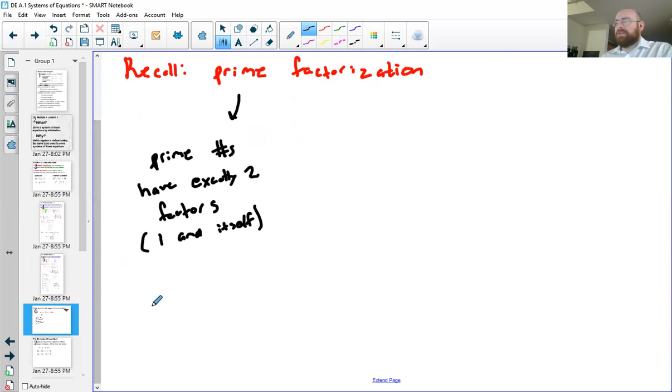So examples of prime numbers are 2, 3, 5, 7, 11, and so on. However, not 12, because 12 can be expressed as 3 times 4, which means it has factors other than itself and 1.